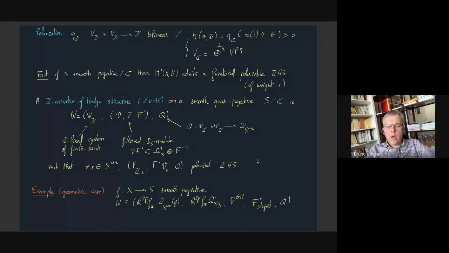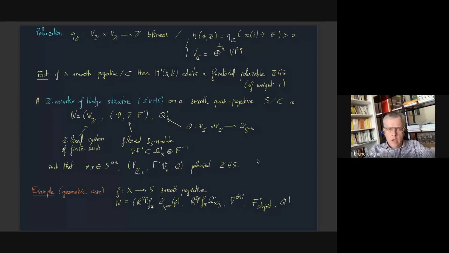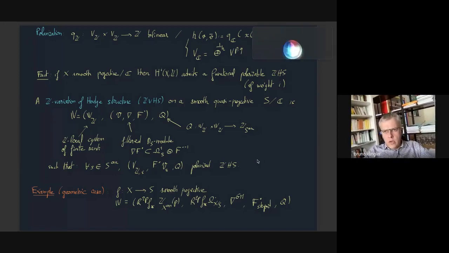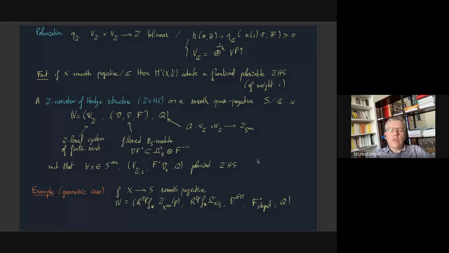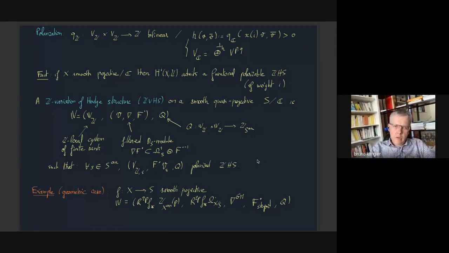Okay, so now I was talking about variation. So what is a Z variation of Hodge structure? Well, this is an interesting guy. So you get first V_Z, a Z local system of finite rank. And then you look at the associated complex flat bundle, and you look at it as being a holomorphic flat bundle.